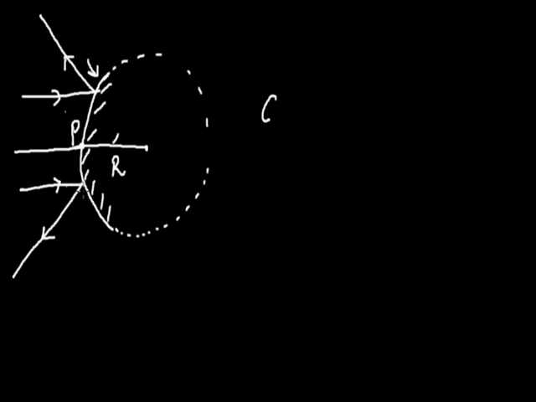But at the same time, if we extend these rays in this back part, then possibly they'll meet at a point which is called the focus of the convex mirror, which is actually a virtual point. So the distance between the pole and the focus, that is the PF distance, is called the focal length of the convex mirror.